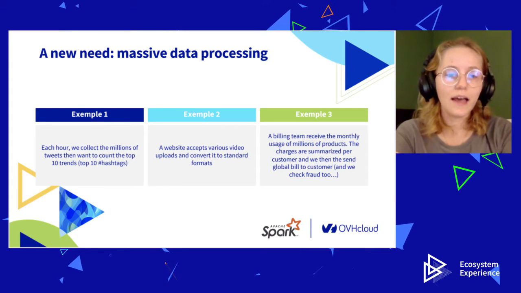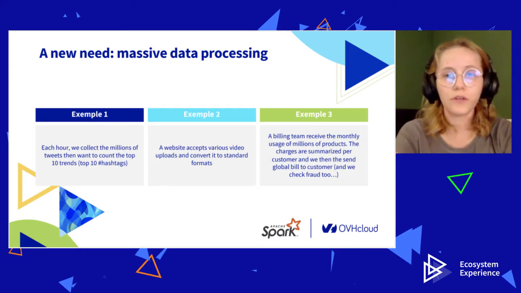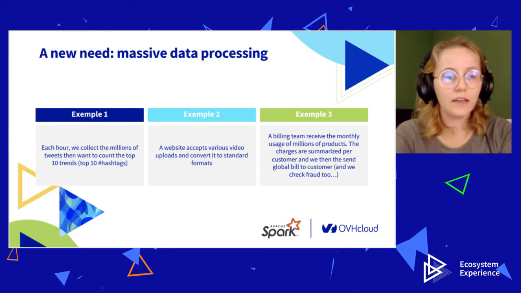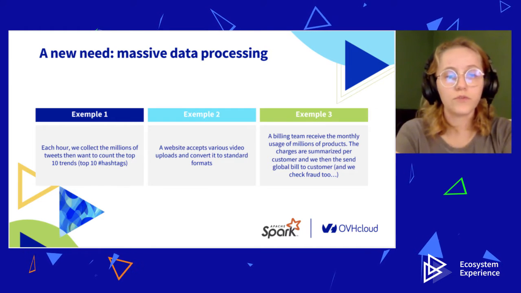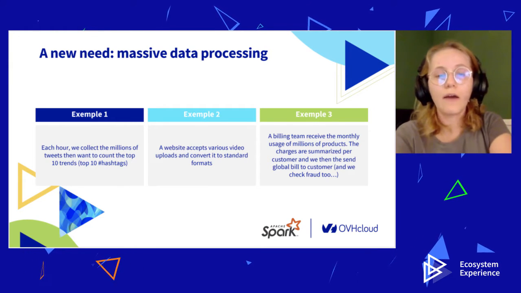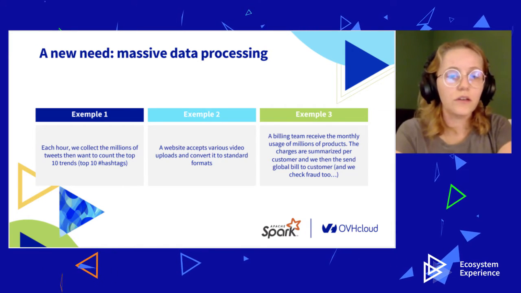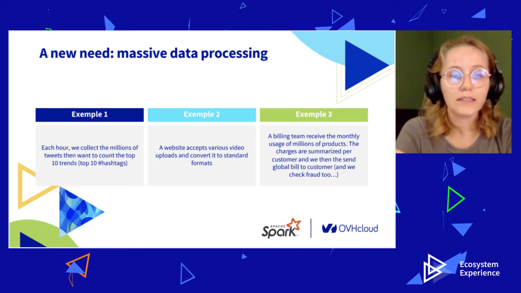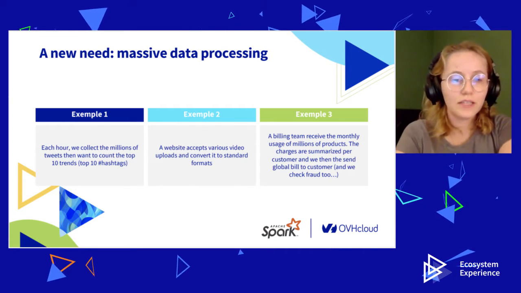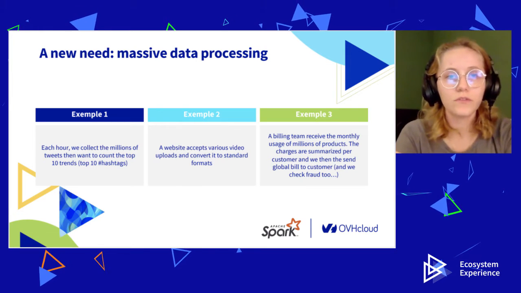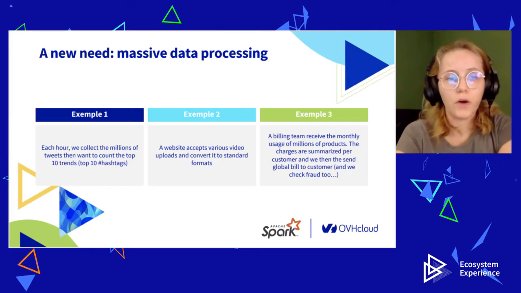So here are some examples of what you could do with the data we are producing every day in huge quantity. The first example is about the millions of tweets we want to process every hour in order to get the trends of Twitter. The second is the way you could process your data in order to convert to standard video formats when you handle a video platform on the internet.